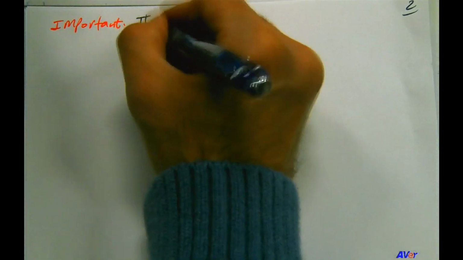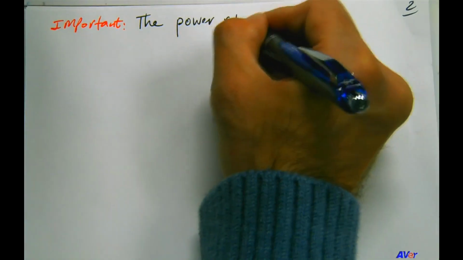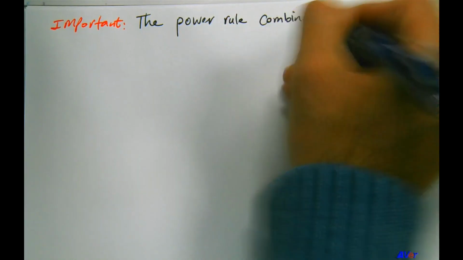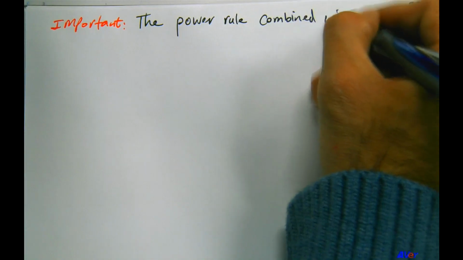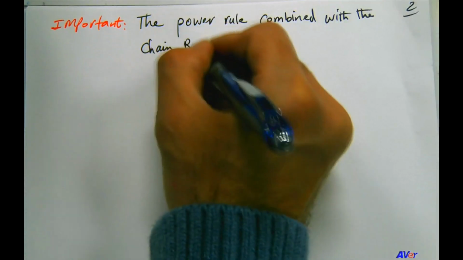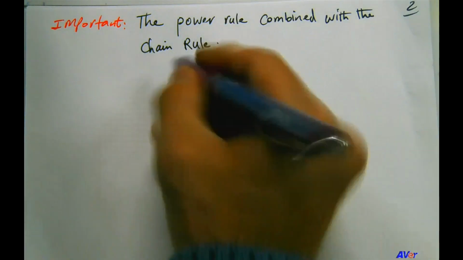So this is pretty important. The power rule combined with the chain rule gives us this formula.